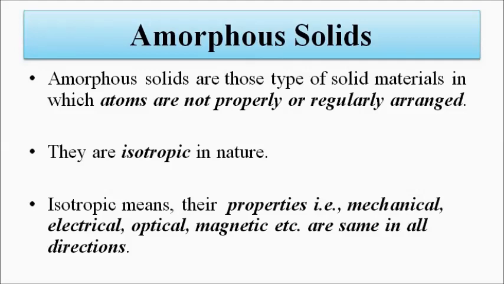The amorphous solids are those type of solid materials in which there is no proper arrangement, or the atoms in those solids do not have any particular atomic arrangement. They do not follow a pattern, they are not regularly arranged, they are irregular, they don't have any particular geometry.